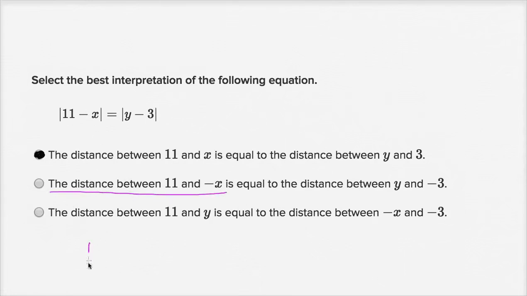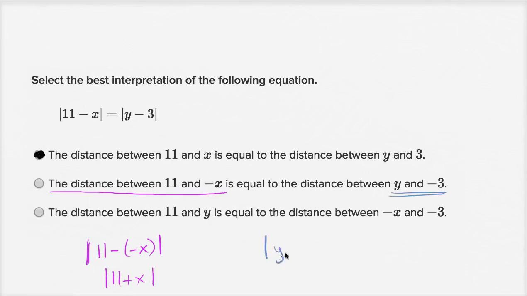That's going to be, you could take the absolute value of 11, and then from that you would subtract negative x. That's this thing right over here. So this would actually simplify to the absolute value of 11 plus x, which is not what we have over here. And then the distance between y and negative 3, same idea.